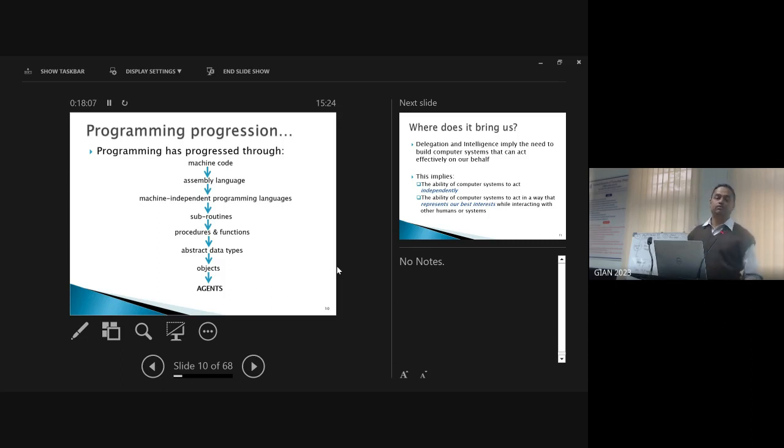So what is the difference between object and agent? Intelligence and autonomy. Object means each and every time you have to say how you have to do it. But if it is an agent, you will just say that I need this job. It is the responsibility of the agent to organize itself to perform the task.